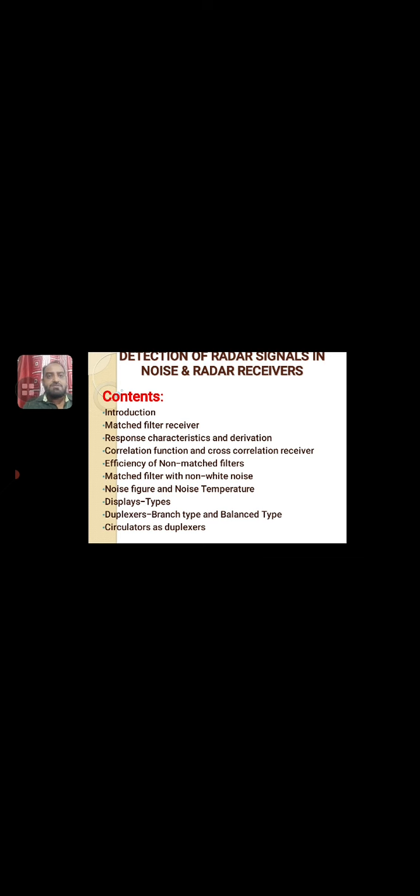The contents of this chapter are introduction about detection of the signals in noise, matched filter receiver, response characteristics and derivation, correlation function and cross correlation receiver, efficiency of non-matched filters, matched filter with non-white noise, noise figure and noise temperature, displays and its types, duplexers, branch type and balanced type, two types of duplexers.